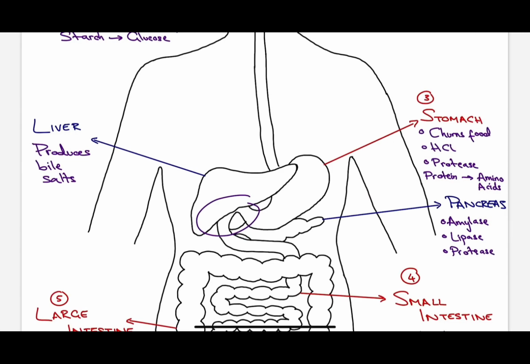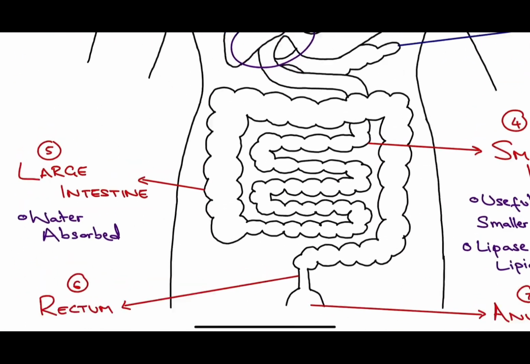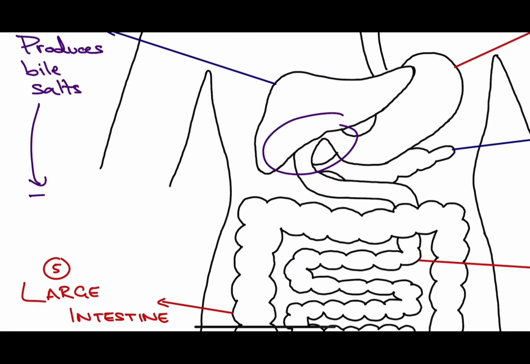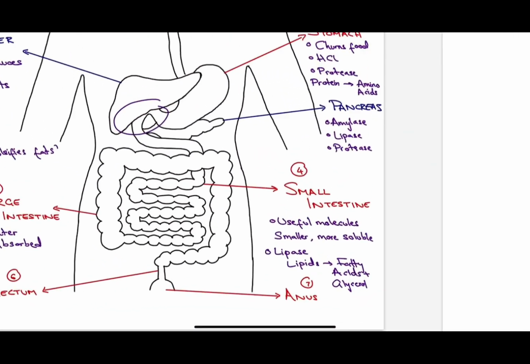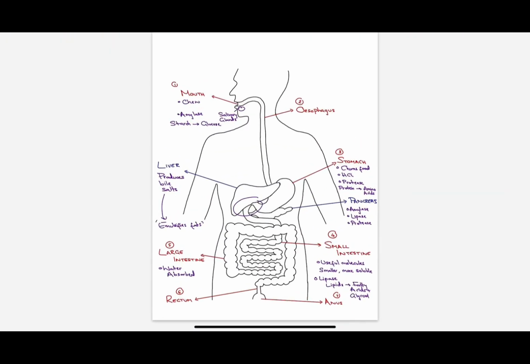Bile salts are released into the small intestine, and all they do is emulsify fats. And all that does is increase the surface area for faster lipid digestion. But that's just the overview for digestion and absorption.